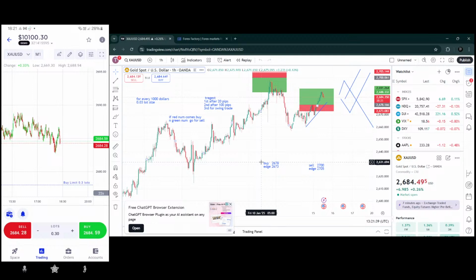The more the market is moving, the more chances the market moves on the upside and makes a spike on the downside.